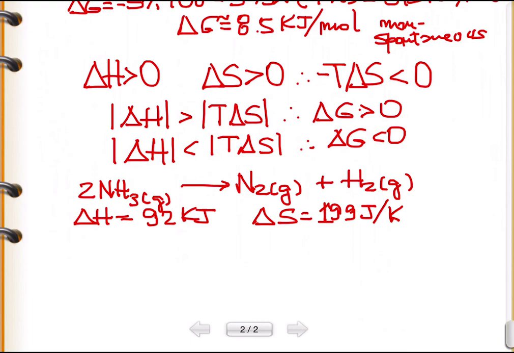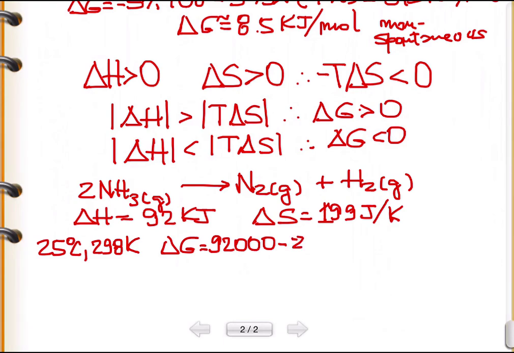So this reaction at 25 Celsius or 298 K would have what kind of delta G? Delta G would be delta H, which is 92,000, minus 298 times 199.